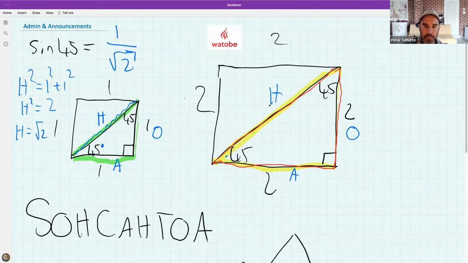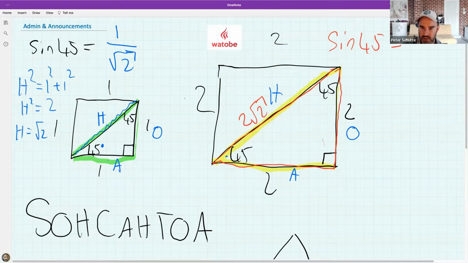We know the hypotenuse here, it's not going to be square root 2 anymore. It's just going to be 2 times square root 2 because it's double the size of the other one. And if I imagine what the sine of 45 is from this triangle, it's going to be 2 over 2 root 2.